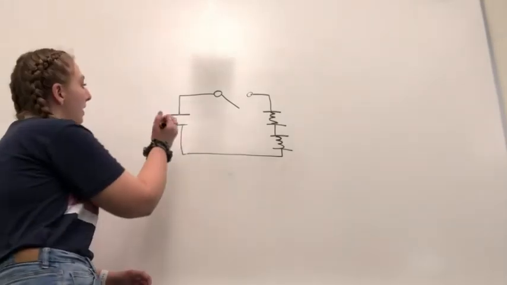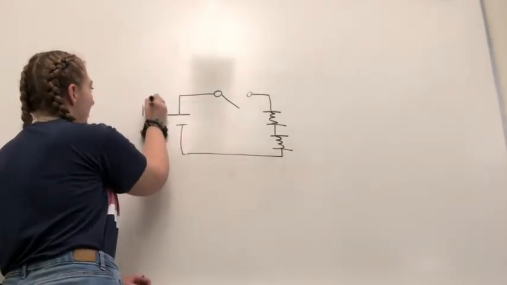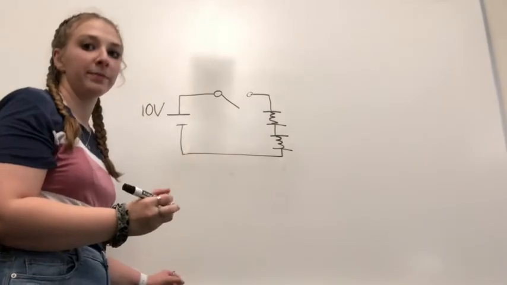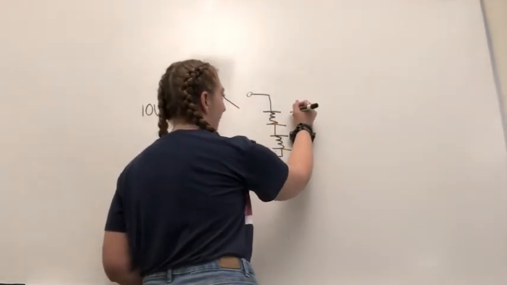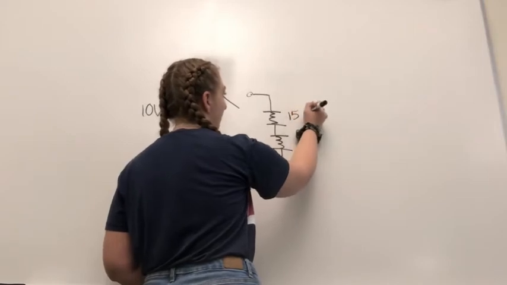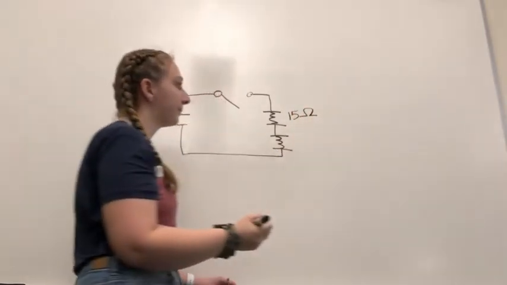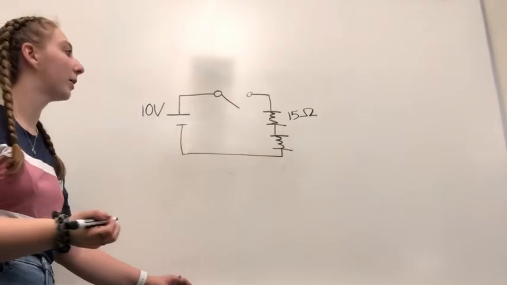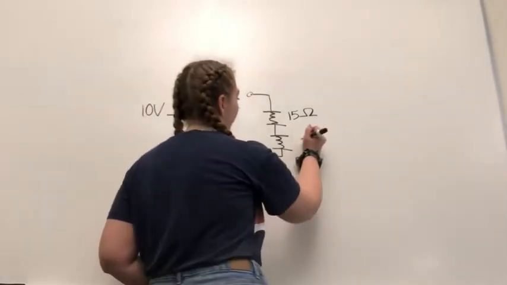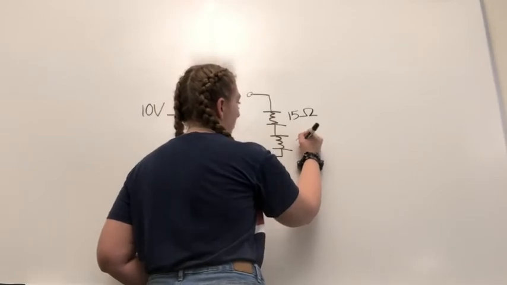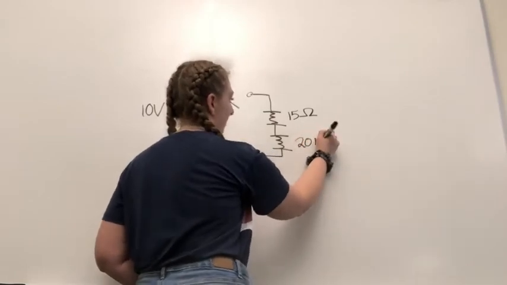Our battery is going to have 10 volts. Our resistor is going to have 15 ohms. And our inductor is going to have 20 Henry.